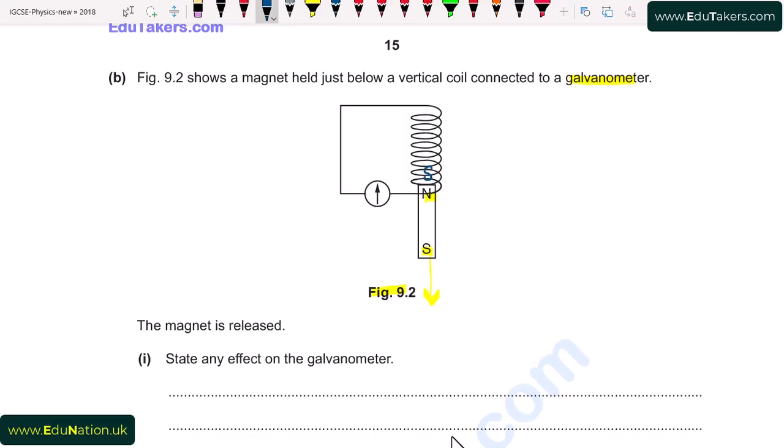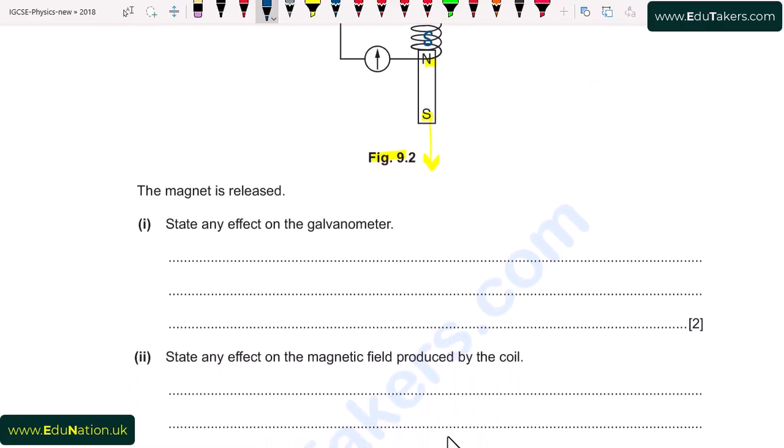So when the magnet moves downward, the flux is changing, so the current also changes. The galvanometer first of all shows a current and then it becomes equal to 0. So I write here, it will deflect and then return to 0.